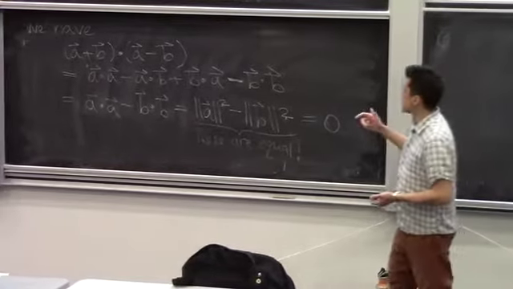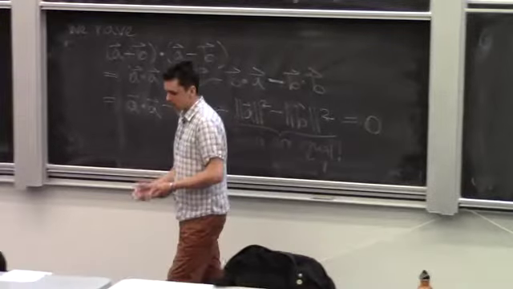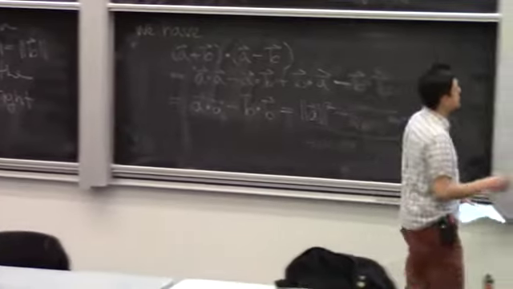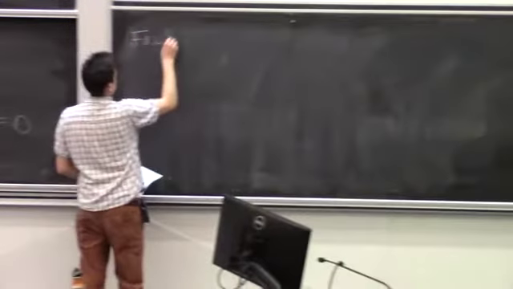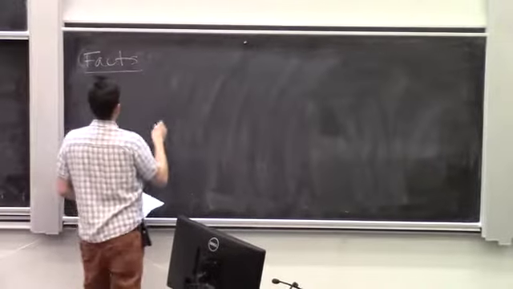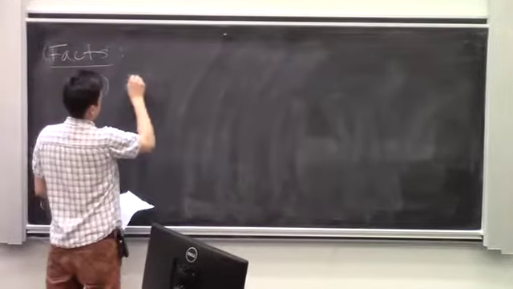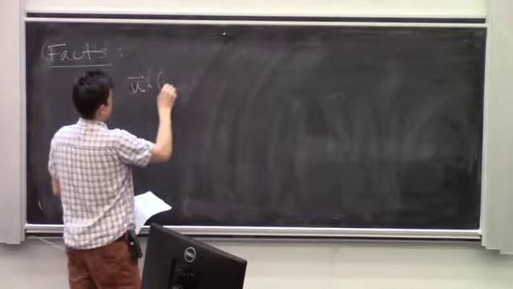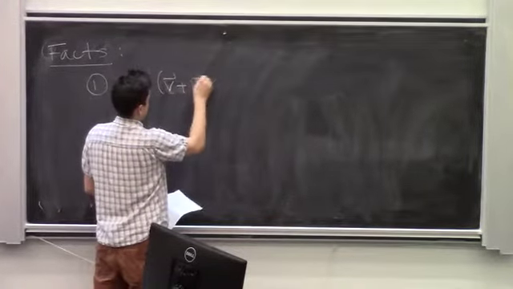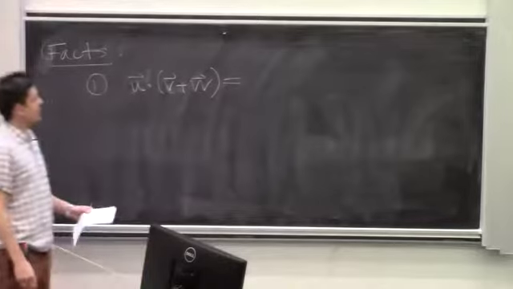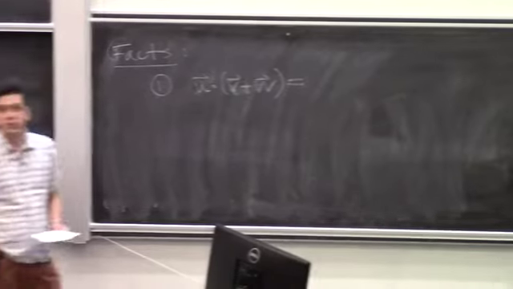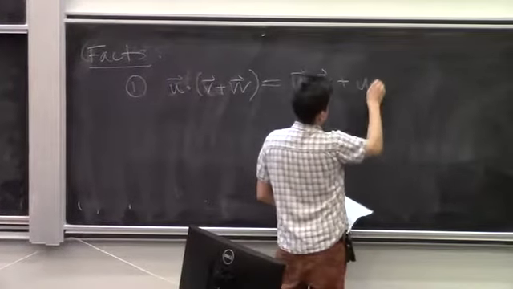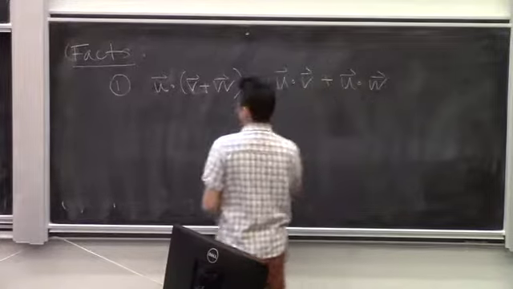Okay, so the idea is that this geometry of the dot product can sometimes be helpful. I just want to write down some of the algebraic facts that we used there. If we've got one vector dotted against two vectors, then we can do this.